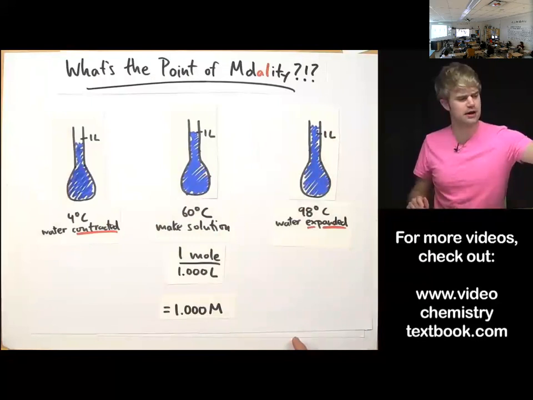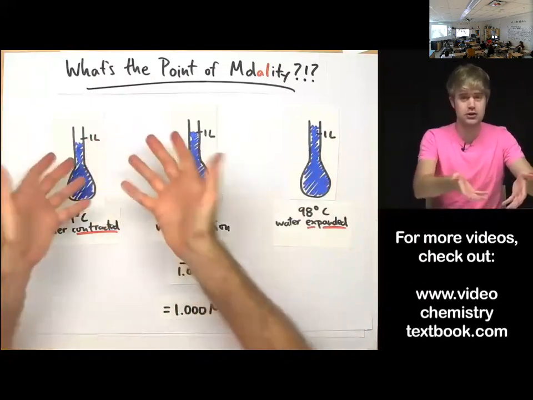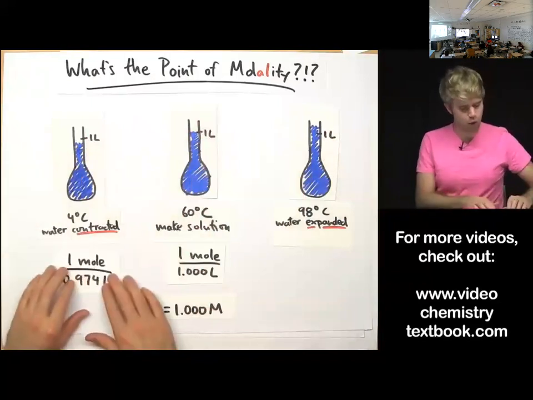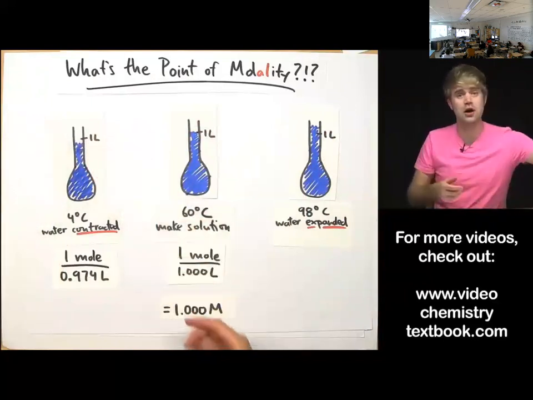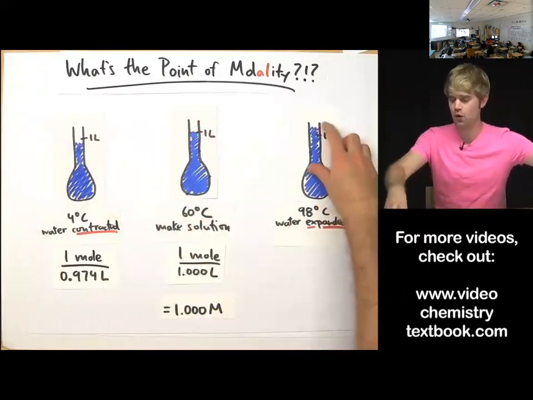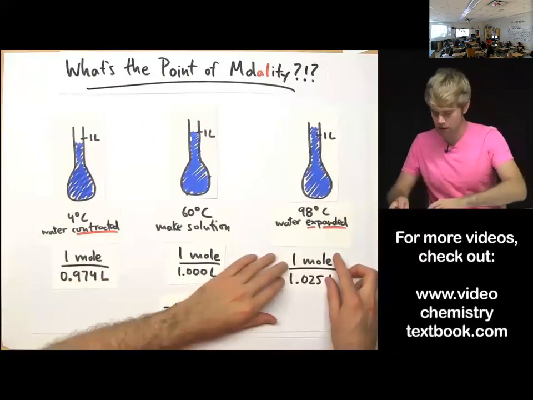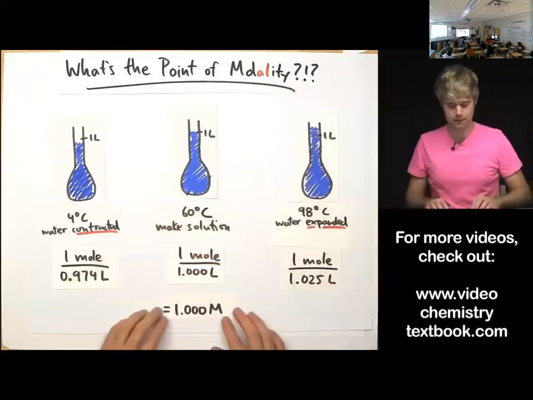So the volume has gone down here, but the amount of solute has not, because the solute's still just dissolved in the solution. So now I have 1 mole of solute, but it's only in 0.974 liters because the volume has gone down. And in this example, where the water expanded, now I have 1 mole of solute in 1.025 liters because it went up.